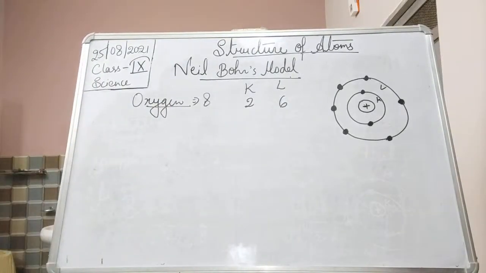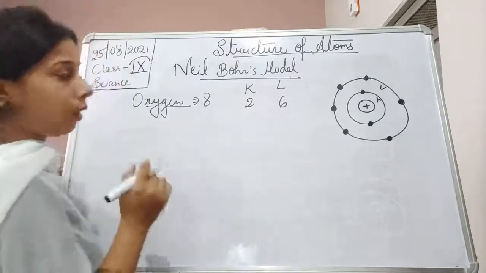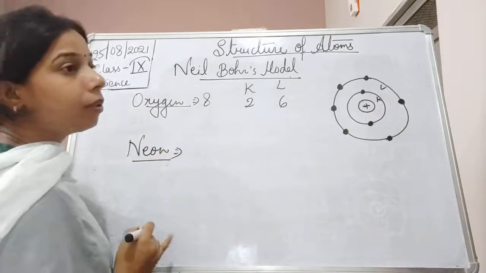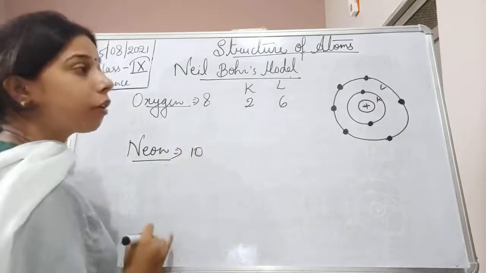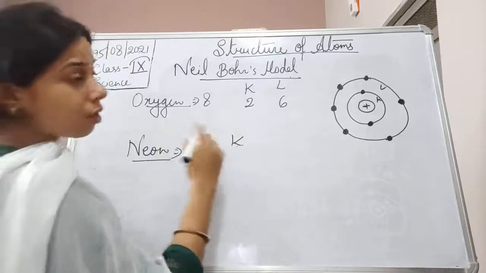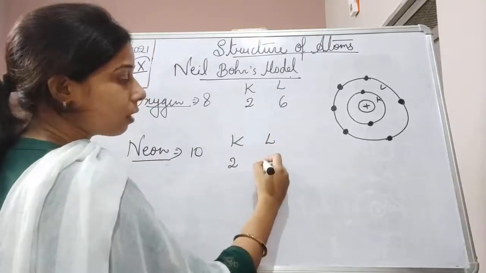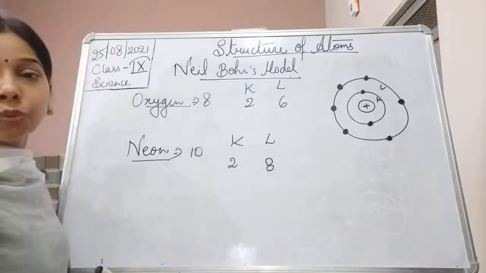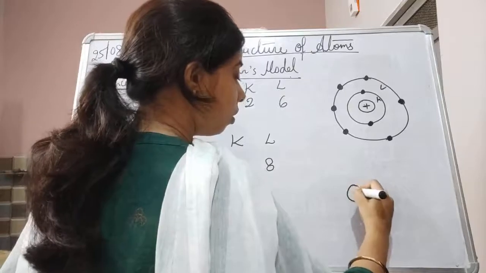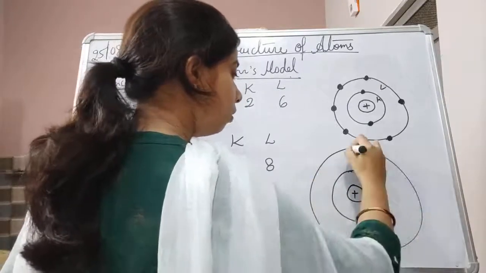Then we can take an example of neon. In case of neon, its atomic number is 10. So out of 10, 2 will enter into the K shell. It will become 2. The rest is 8. 8 electrons are left. 8 electrons will enter into the L shell. Atomic structure: nucleus, K shell, L shell.